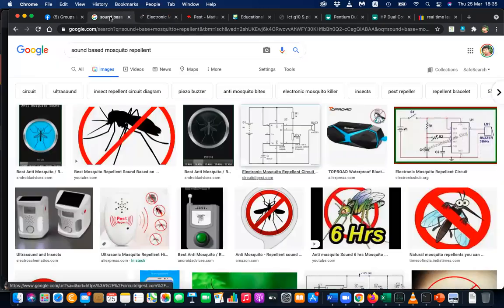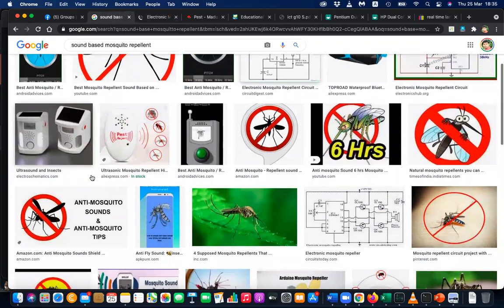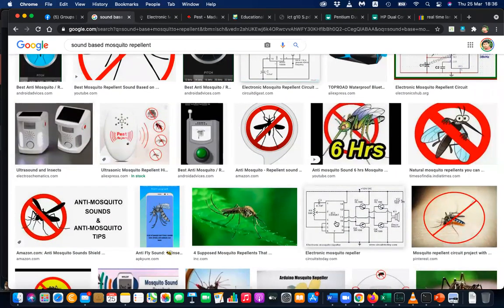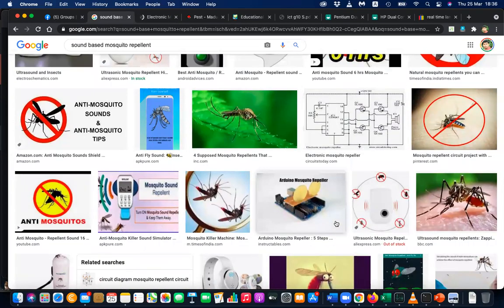So this is the circuit actually. If you want to do something like this, this is the electronic circuit to create that, and you can see. And there are products like this. There are products in the market to do the same.